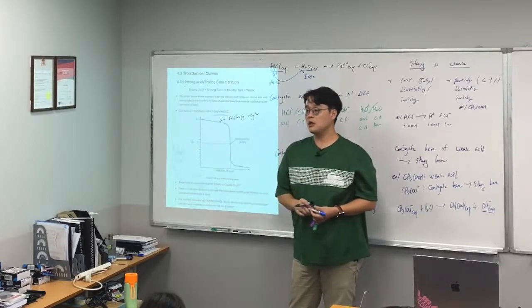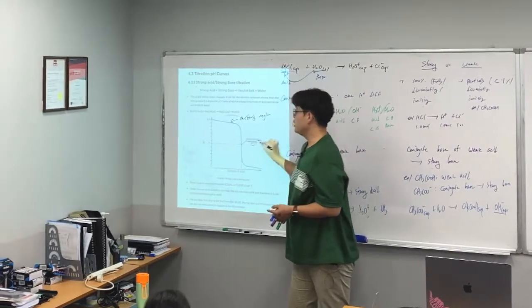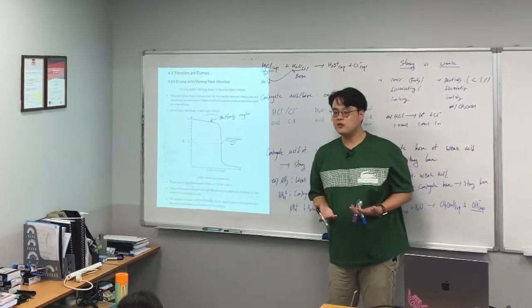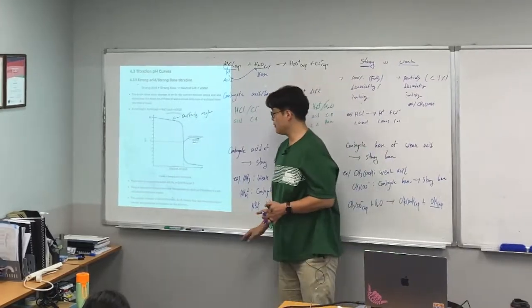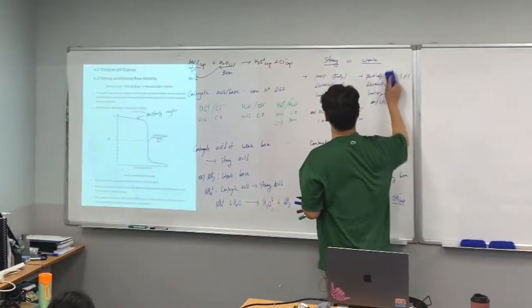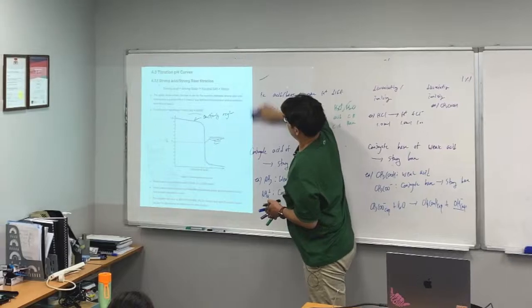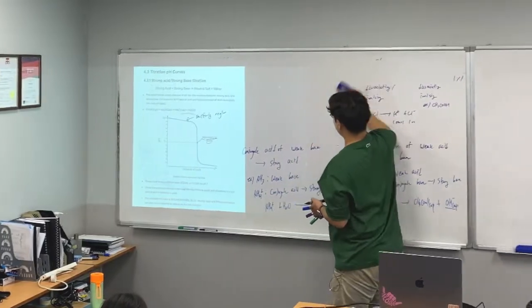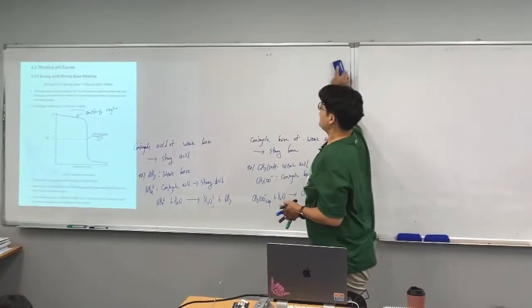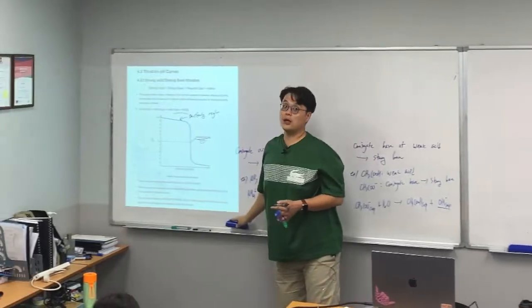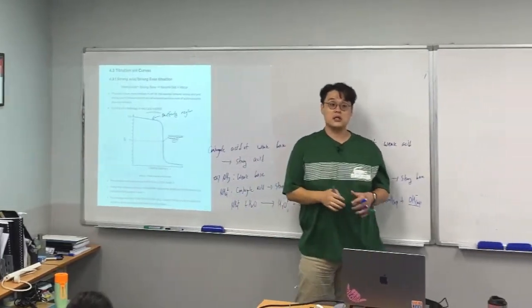And then what you see there is the equivalence point. Now, Oren, what is the equivalence point? It's the amount of acid and base needed to neutralize the reaction. In other words, the concentration of the hydrogen ion and the concentration of the hydroxide ion are the same.